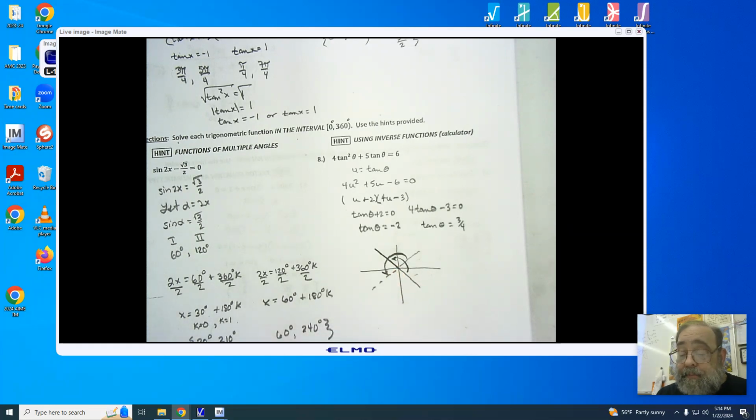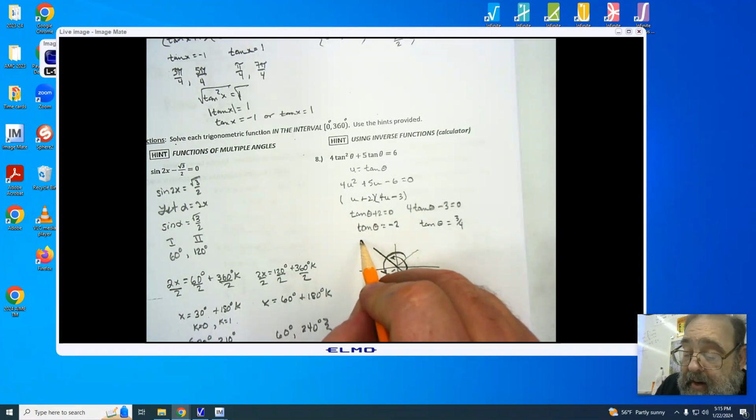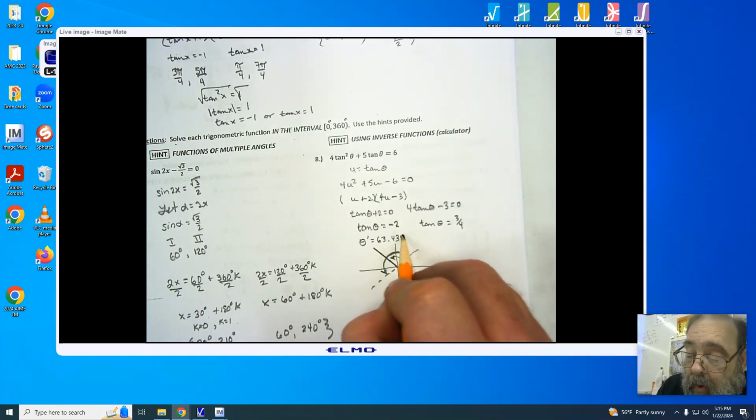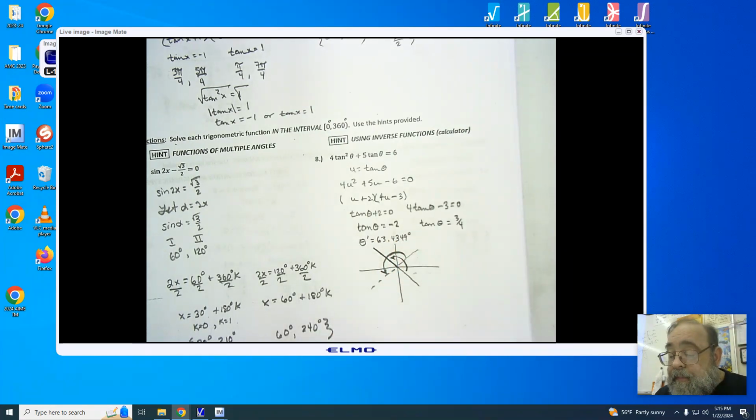Here we go. Second function tangent in degree mode of -2 is giving me -63. Now that means that my theta prime is 63.4349 degrees.